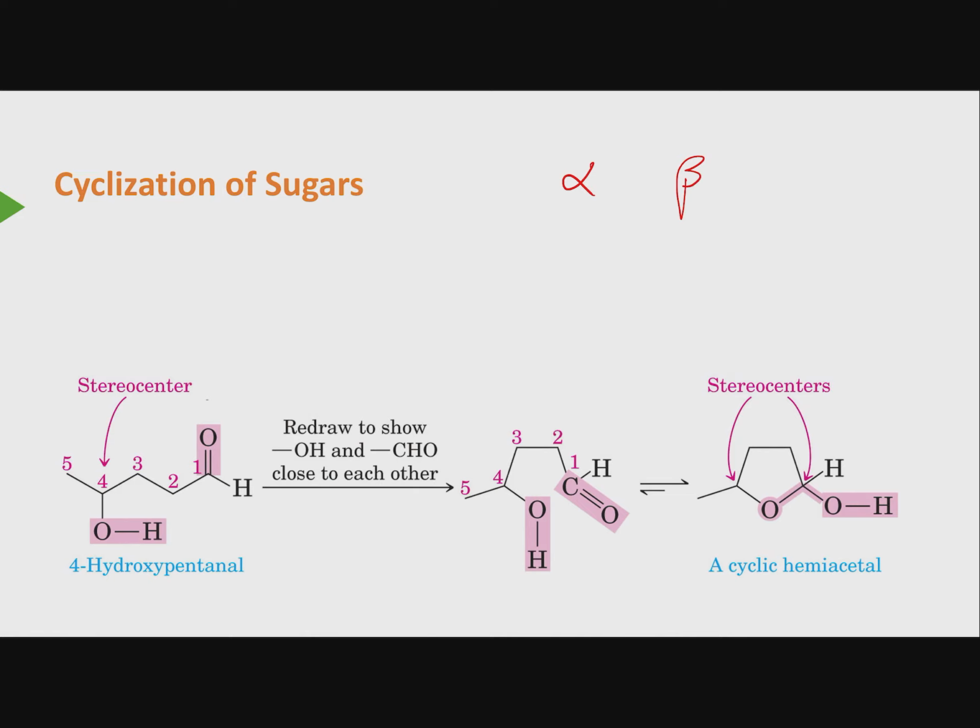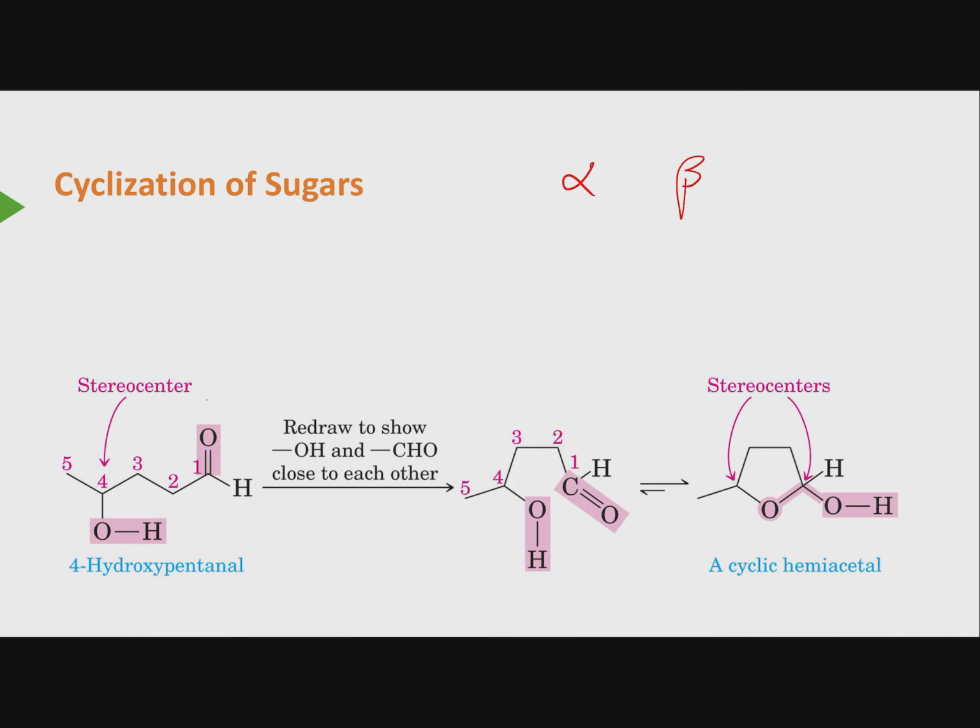And so actually let's just take a second to look at the reaction of the cyclization, and then we'll go on to the anomers. So here you can see this is a 5-carbon sugar. Again, 5-carbon and 6-carbon sugars are capable of doing this. Now the reaction, if you remember some of your organic chemistry reactions, is what we call a hemiacetal and an acetal formation.